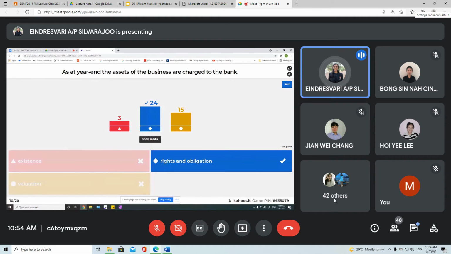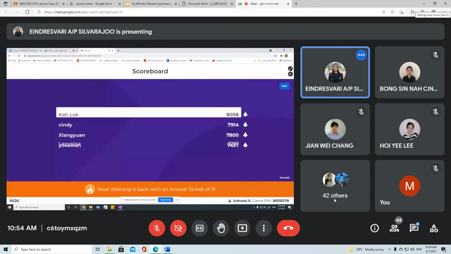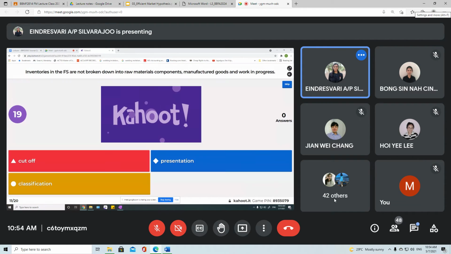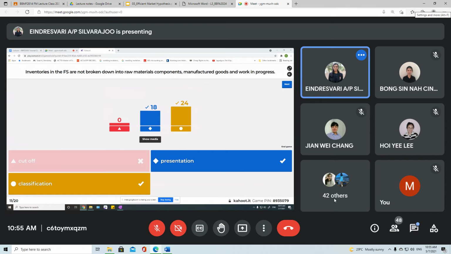As at the year end, the assets of the business are charged to the bank. So rights and obligation. Okay, presentation and classification.